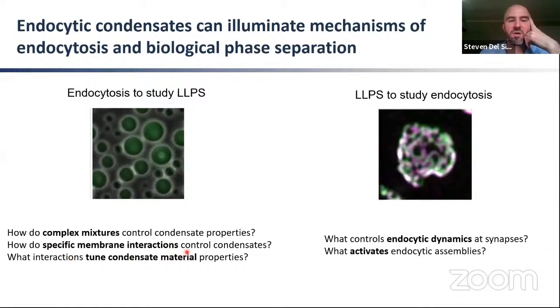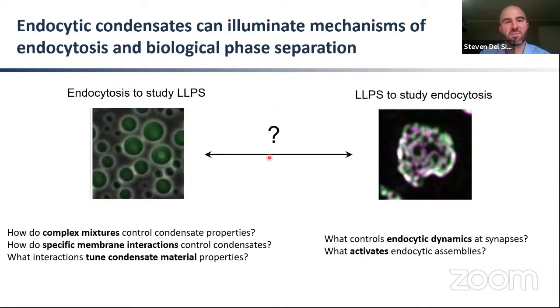And then, how are the material properties of these controlled? And then we can also alternatively use this phase separation as an in vitro model system to study endocytosis in thinking about the localization and dynamics and organization of these proteins and also their activity.